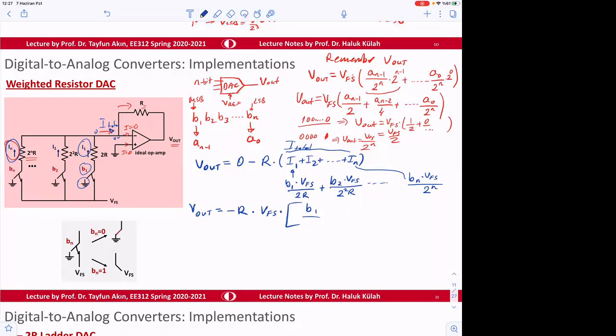If I take the R divided by R, this is going to be B1 divided by 2 plus B2 divided by 2 to the power 2 plus Bn divided by 2 to the power n.